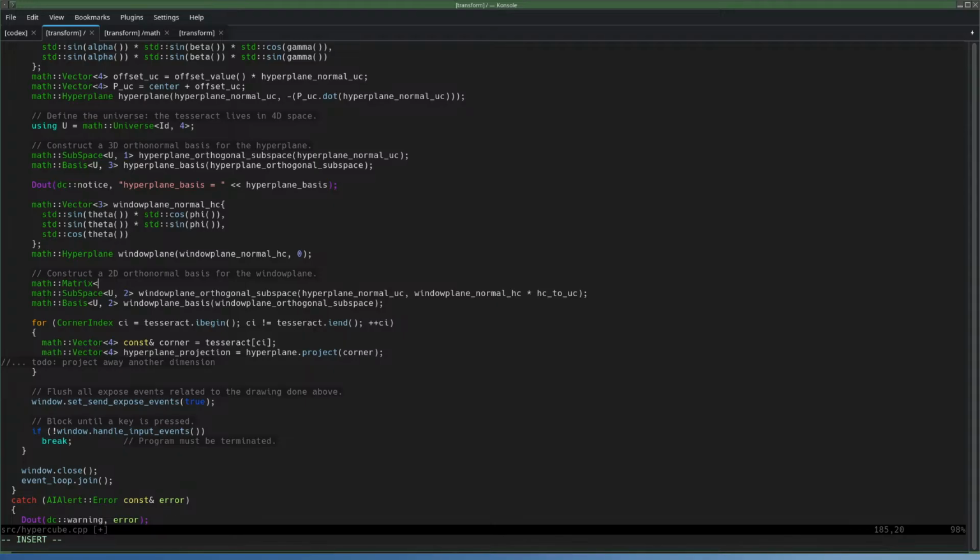which means that the number of columns must be equal to the number of rows of the matrix, which is the first argument. And then the dimension of my vector in this case is window plane normal HC, which is 3.